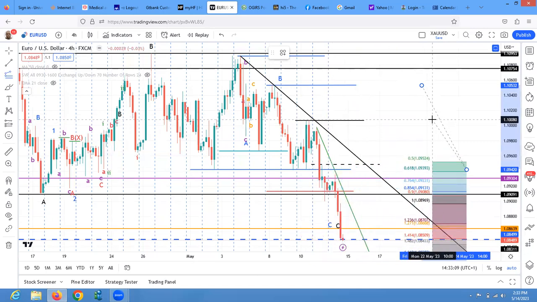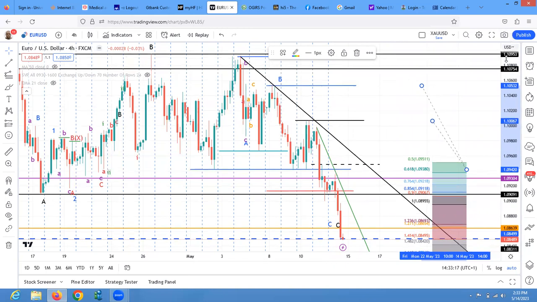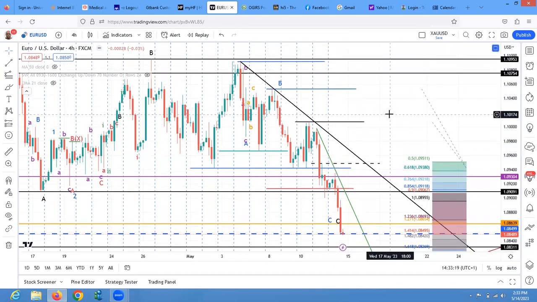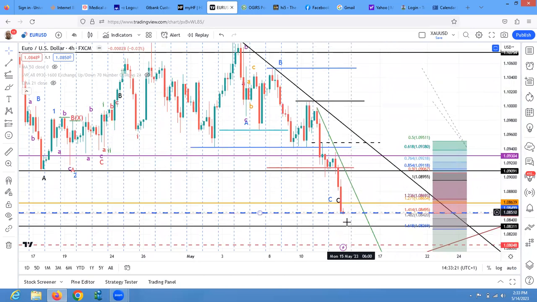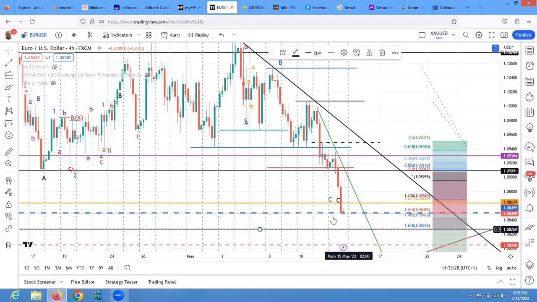So to mark that, the first part of 3, we're now going to go down to see where 161.8 also can be. So 161.8 also is on this line here, if I want to use blue for it.